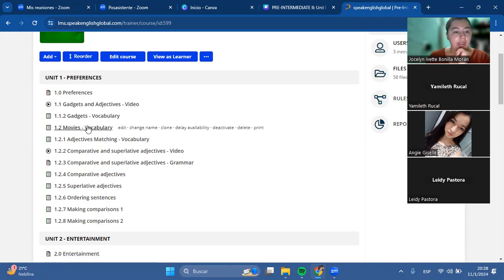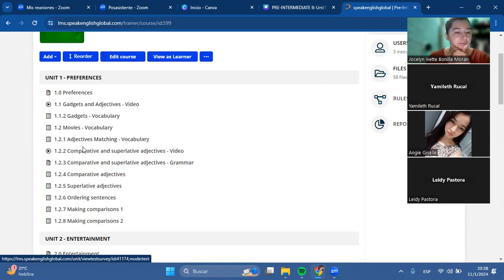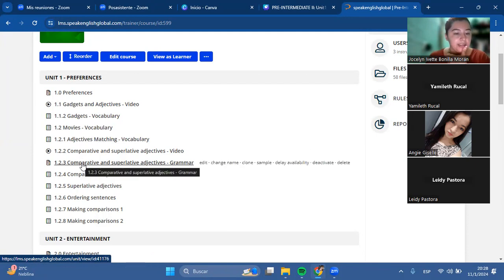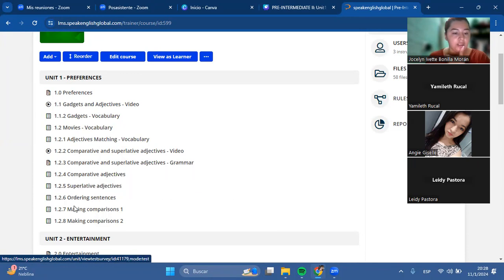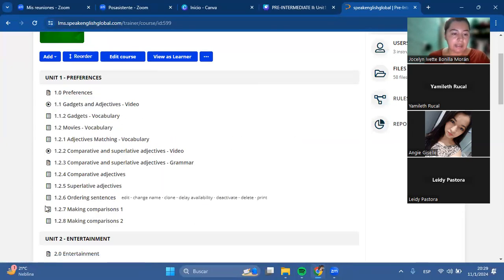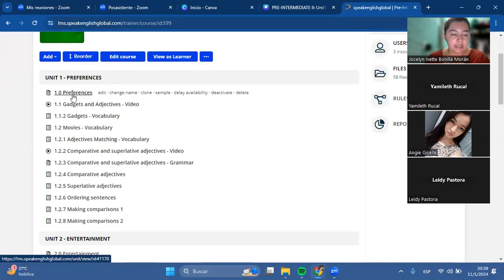Also, we covered vocabulary. We will talk about some movies vocabulary next week. So comparative and superlative adjectives, and making comparisons, we are talking about that today. Basically, the topics that you need for doing the activities or at least starting them are already covered.